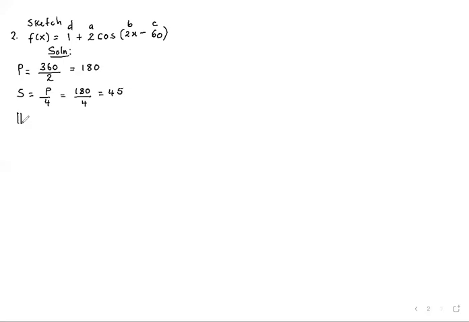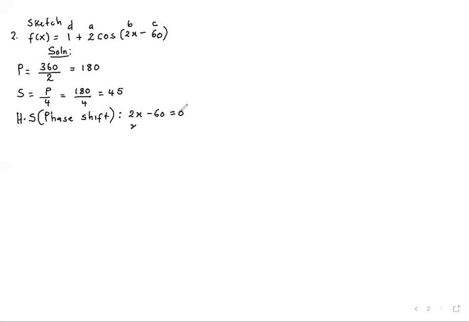Then we get the horizontal shift. This shift here is called the phase shift in most exam papers. They call it the phase shift to mean the horizontal shift. So this is given by 2x minus 60 is equal to 0.